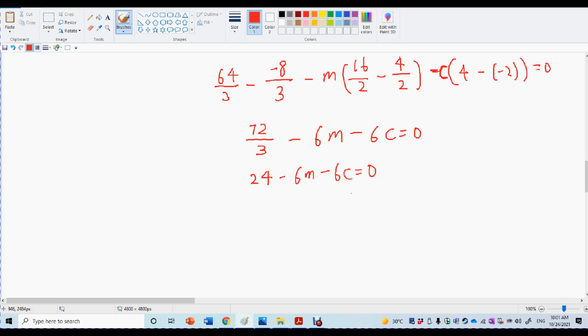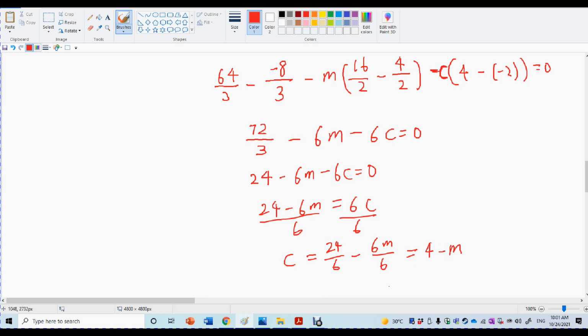If you put 6c on the other side, it becomes 6c equals 24 minus 6m. If we divide both sides by 6, you will have c equals 24 over 6 minus 6m over 6, so 4 minus m.